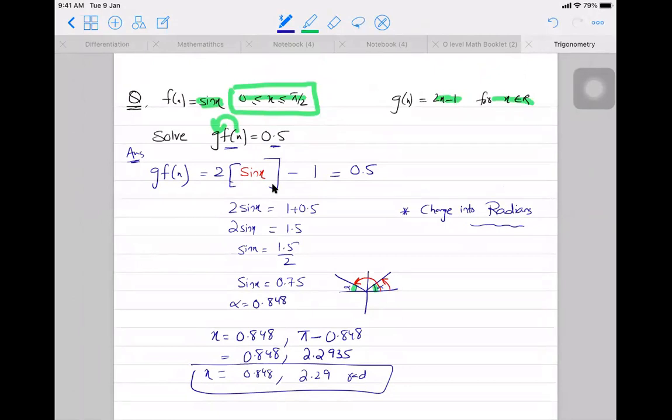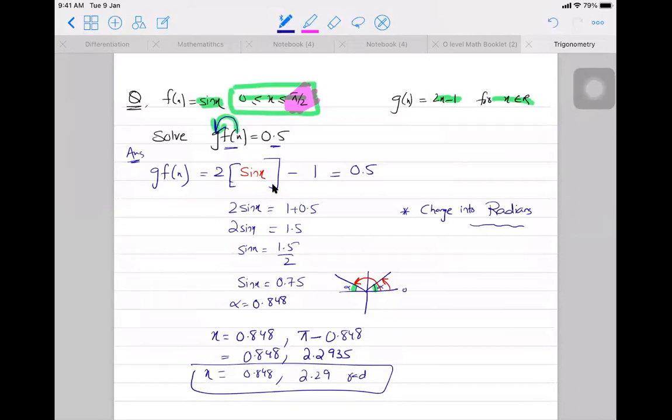But this should not be your final answer, because if you remember the concept of composite function, function f was being inserted in function g, and the domain of function f is restricted till pi by 2. Pi by 2 means 90 degrees.